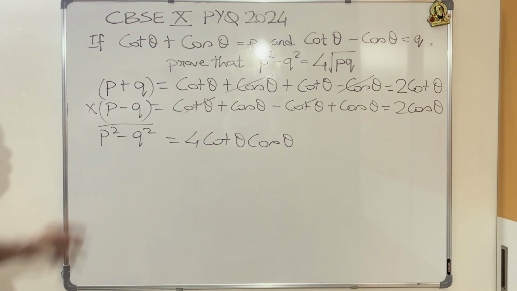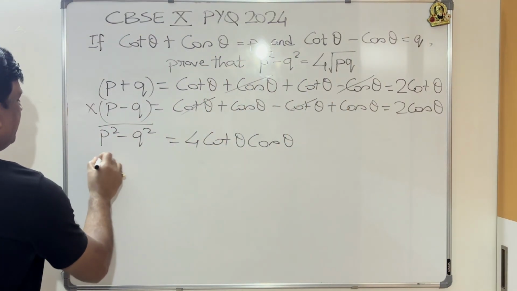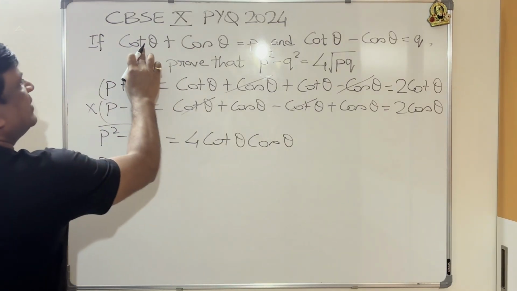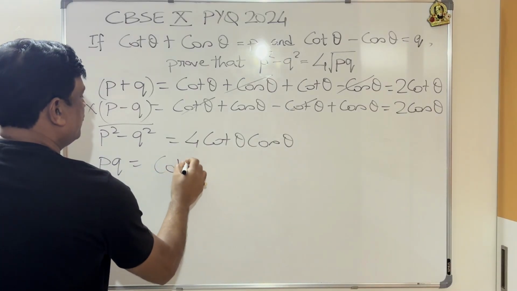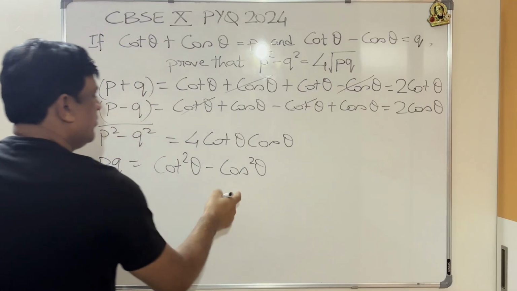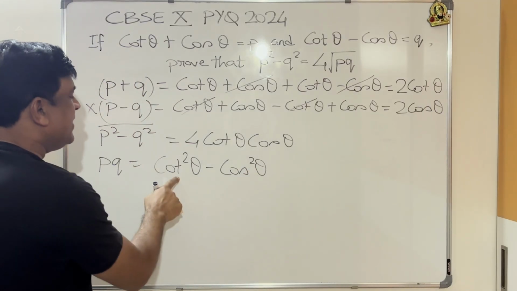Okay. Now I'm going to multiply these two, P and Q. Let me find out the value of P times Q. When I do that, what do I get? This is A plus B and this is A minus B. I'm going to get cot square theta minus cos square theta. Look at it. Now let me convert this.